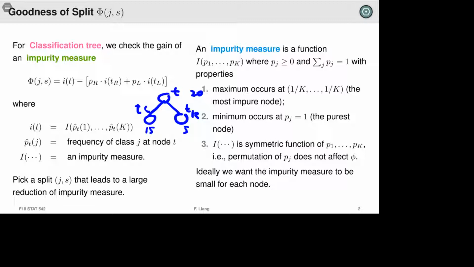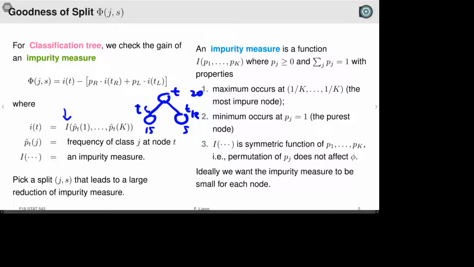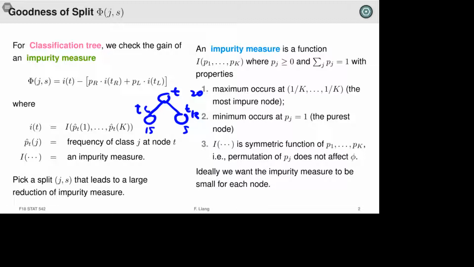In general, we can define something called impurity measure, and it's denoted by an uppercase I. This is our impurity measure. So the impurity measure basically is going to take a probability vector of length k. Maybe let me talk about the impurity measure first.